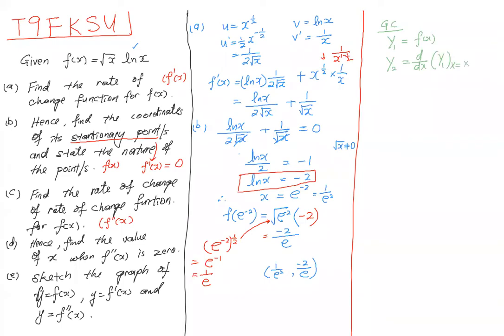So this is your f prime x. Okay, so everyone get ready? In your calculator, in your GC, it should go like that. Your y1 should be square root of x ln x, and your y2 should be... you want to put y3 also, it doesn't matter.